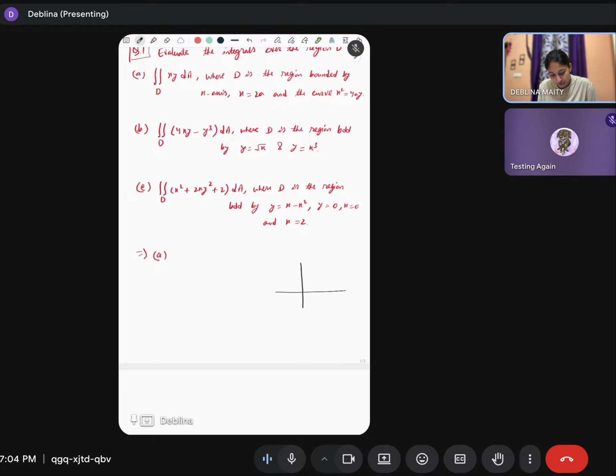So x square equals 4ay, it is the parabola, and x equals 2a, the line.